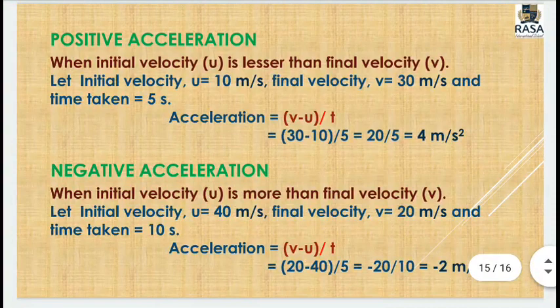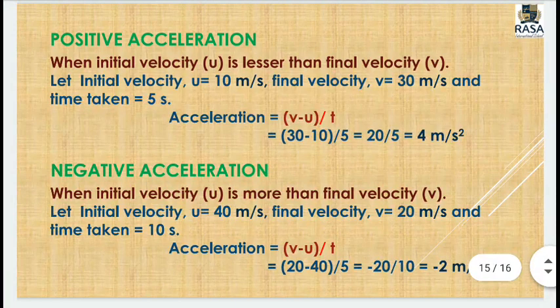So the acceleration will be final velocity minus initial velocity divided by time taken. The final is 30, initial is 10, divided by 5, so 20 by 5, your acceleration will be plus 4 meter per second square. Now this plus 4 is positive acceleration, means the velocity of the body goes on increasing. And at what rate? At 4 meter per second square your vehicle velocity goes on increasing.